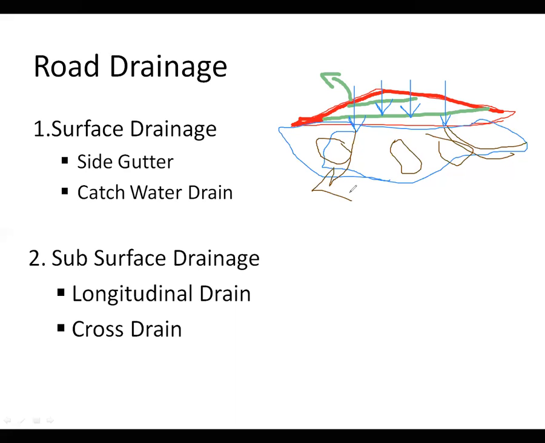Whenever that happens, the base or the subgrade might deteriorate or settle down, and by that the uppermost surface will settle down. That damage to the surface will cause major maintenance needs or major potholes created on the surface.